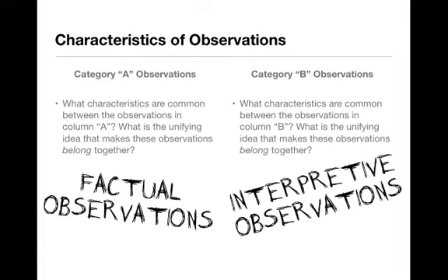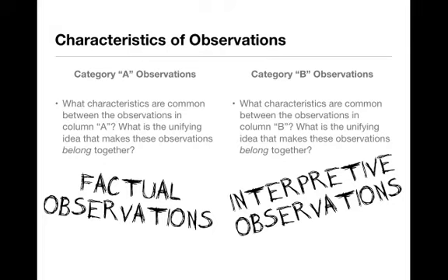Whereas category B are more interpretive. We're inferring what is happening. I don't know for sure that the man in the white suit is actually a pool shark, right? It's a guess based on personal experience, based on other observations from outside of the painting. Likewise, there's an alternative explanation as to why the people might have their head down on the table.